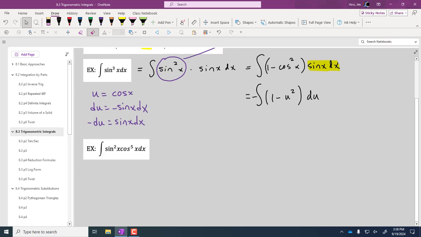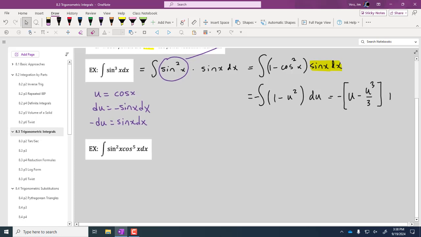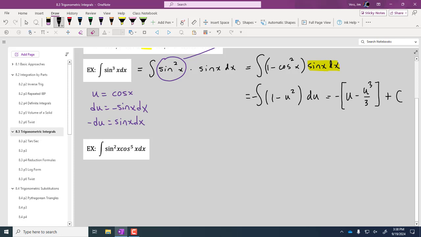We have a minus, put a bracket, integral of 1 is u, integral of u squared is u cubed over 3. Then we have to have a plus c. We can put the plus c on the outside. And the only thing left to do is distribute the minus and back substitute. So we're going to have minus cosine of x plus 1/3 cosine cubed of x.